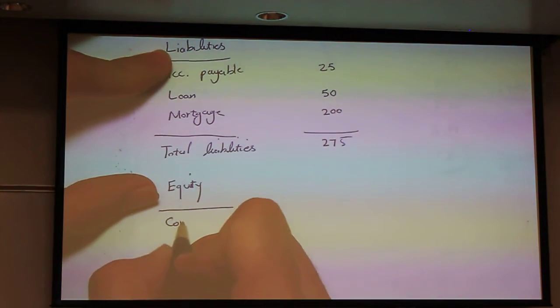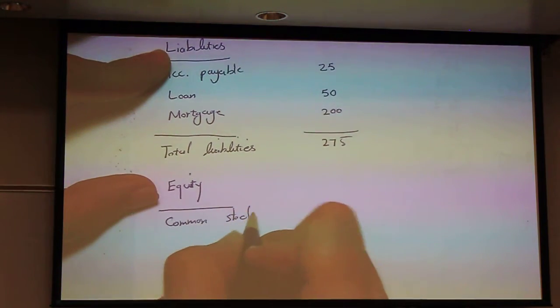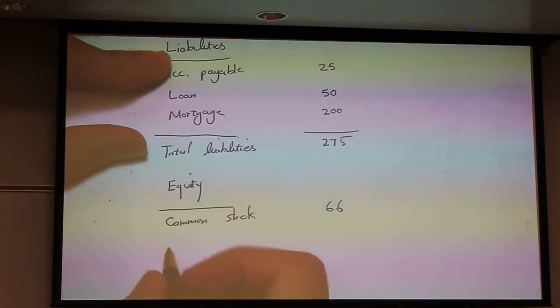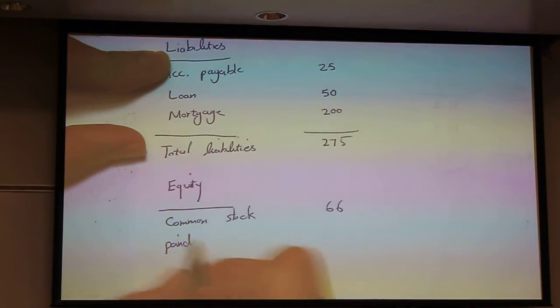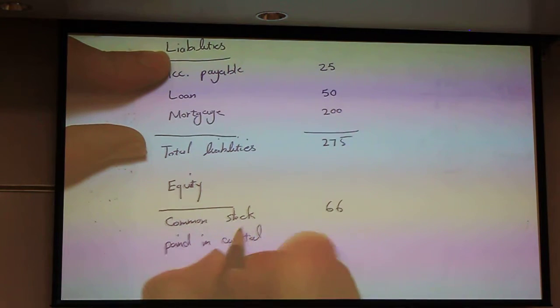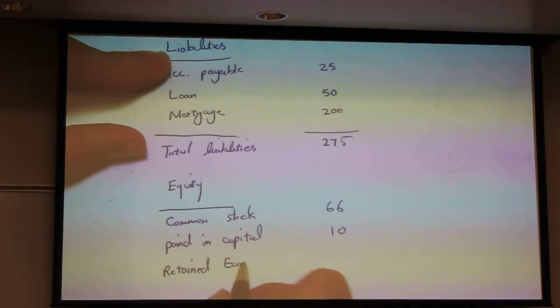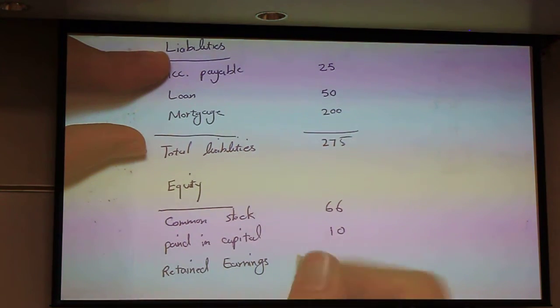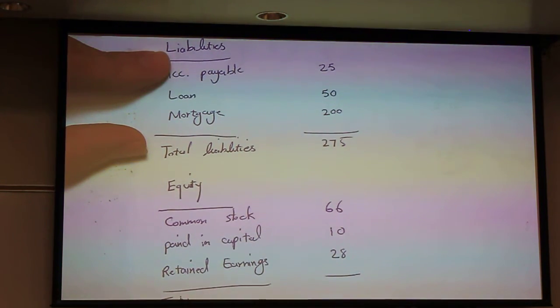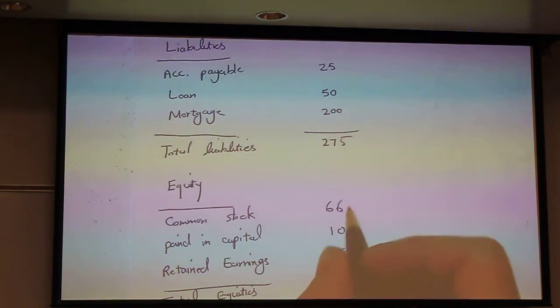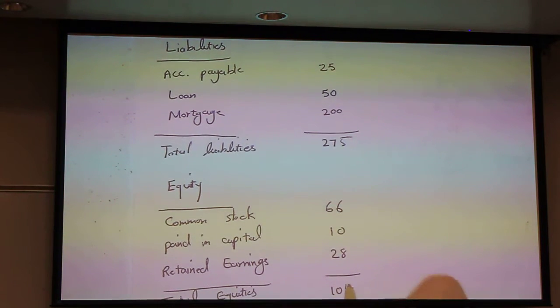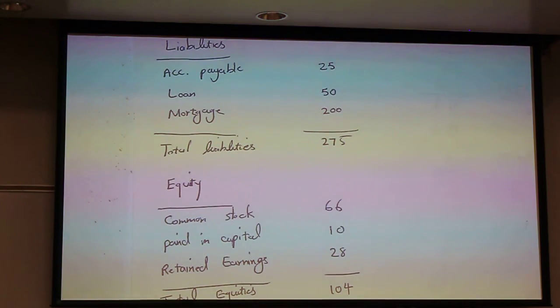Common stock, how much? $66,000. Next, paid-in capital, how much? 10,000. And retained earnings, $28,000. Thank you. So total equities are $104,000.